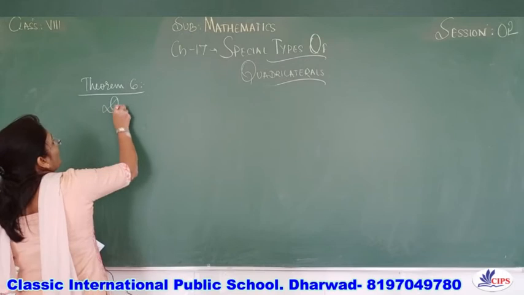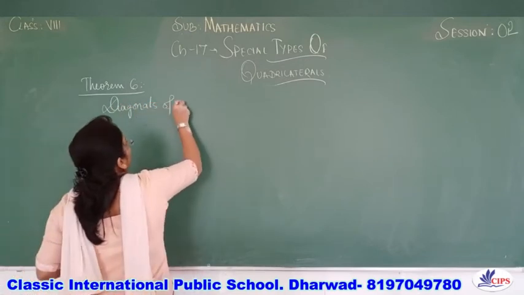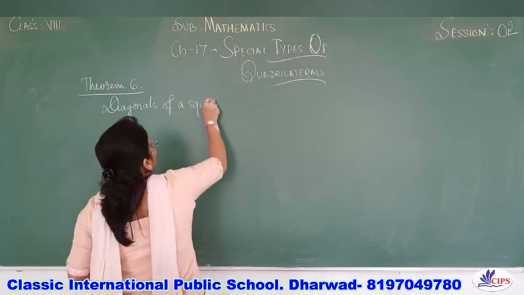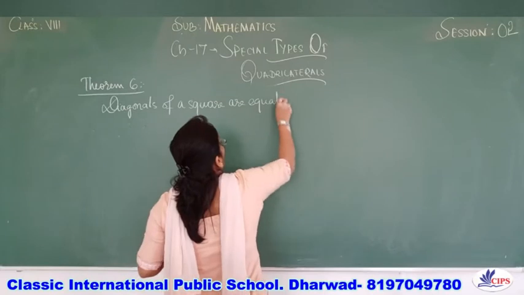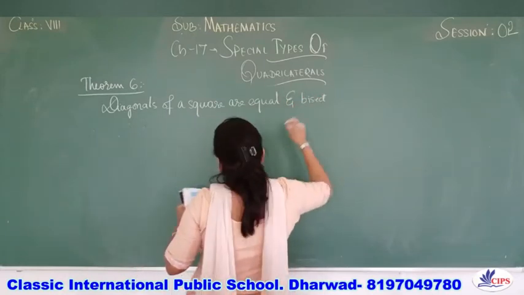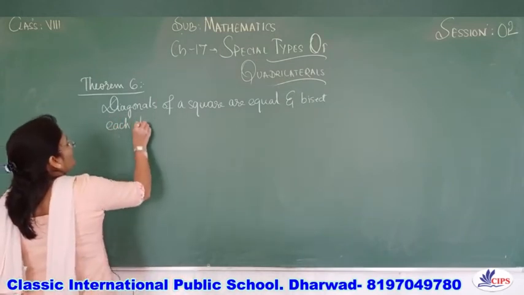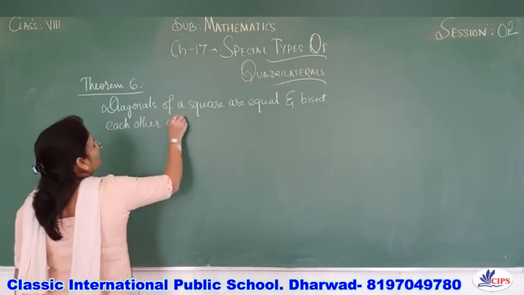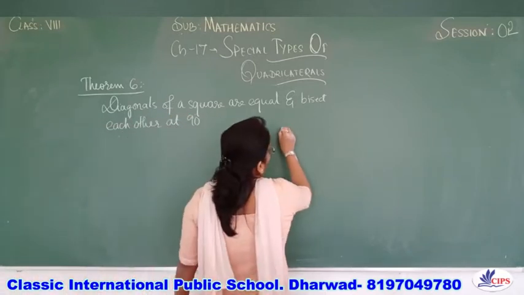Diagonals of a square are equal and bisect each other at 90 degrees.